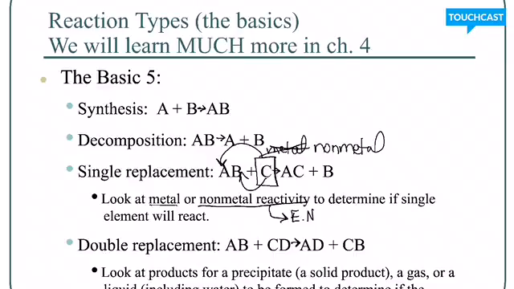If you have a high electronegativity, that means that you're capable of attracting electrons to yourself, right? So if you're able to attract electrons to yourself, that means that you're capable of bonding at a very high rate. The metal reactivity series we'll get into in much more detail in Chapter 4, but this is what makes single replacement reactions work. So if this lone element is high in reactivity, he will be able to push the other element out.